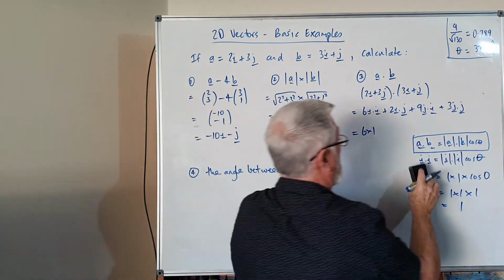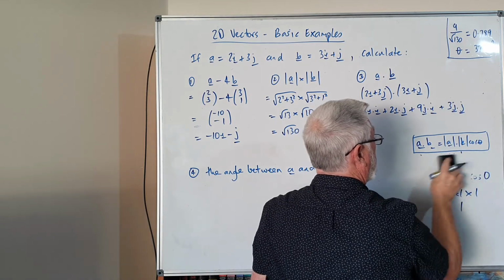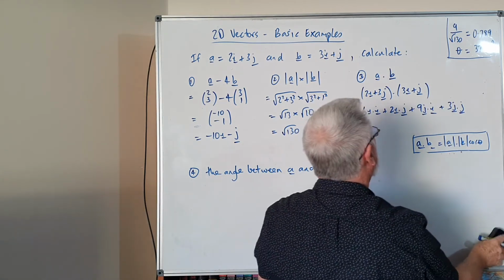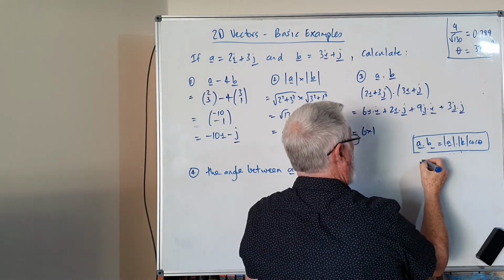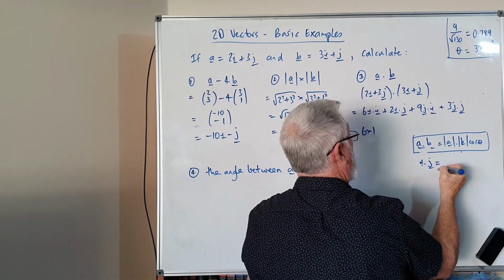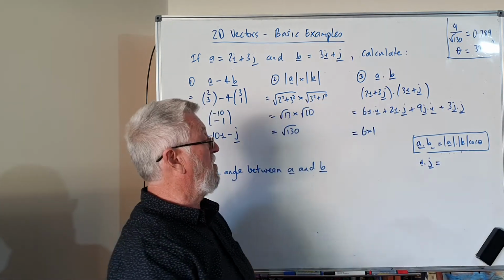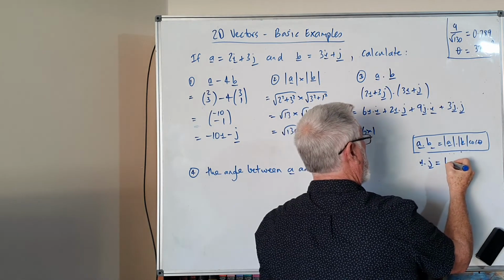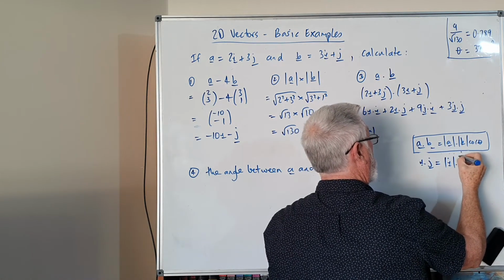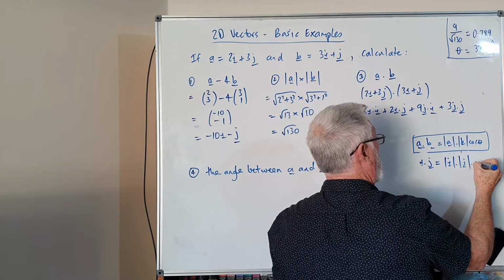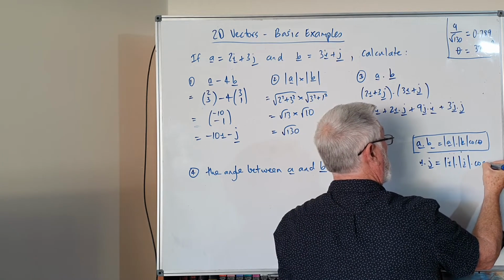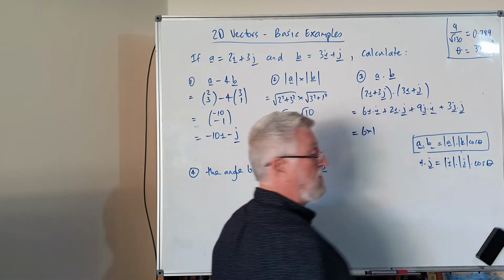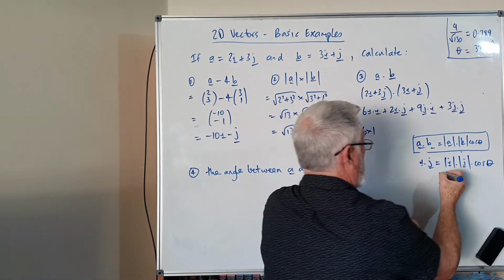So what happens with the next one here? This time I want an i times a j. I'm not worried about the 2 at the moment, just the i times the j. Now we're going to have the magnitude of i by the magnitude of j by the cos of the angle in between. So the magnitude of i again is 1.